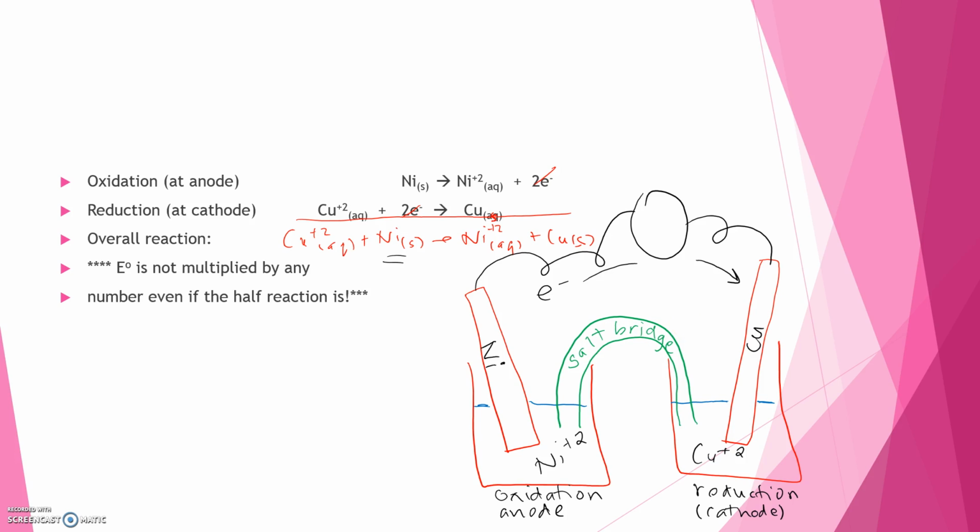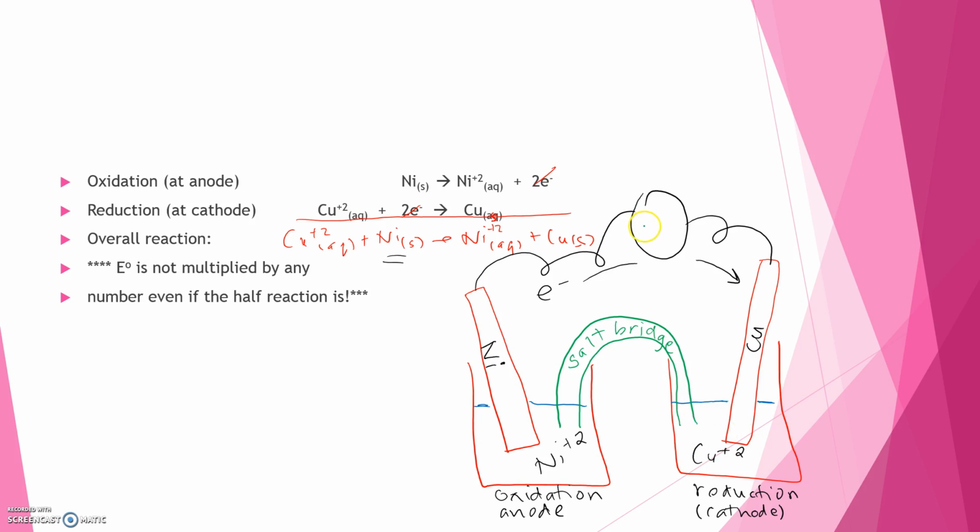The salt bridge completes the circuit, because as the electrons leave here, this side becomes more positive, and so then this part of the salt bridge, if it's like sodium chloride, the chloride ions will dissolve in here in order to neutralize the charge over here. Same thing as the electrons come over here, this is going to become more negative, so the sodiums will dissolve into this side to keep it neutral.